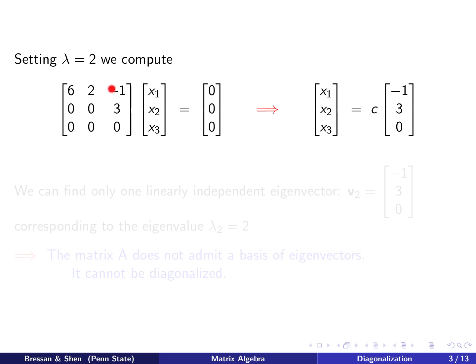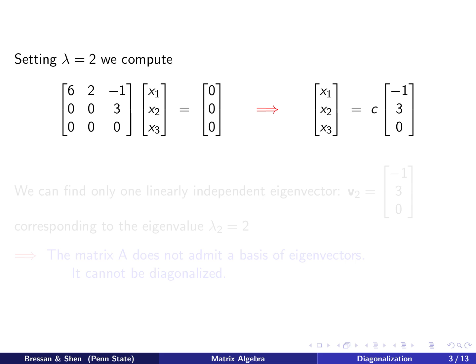Then the first equation becomes 6x1 plus 2x2 equals 0. You can find a solution by picking one of them to be 1 or negative 1. For example, if you choose x1 to be negative 1, then x2 will be 3. And a scalar multiple of this vector is always also a solution.